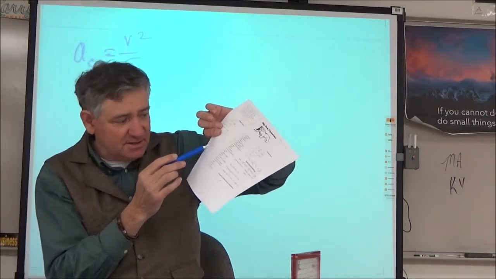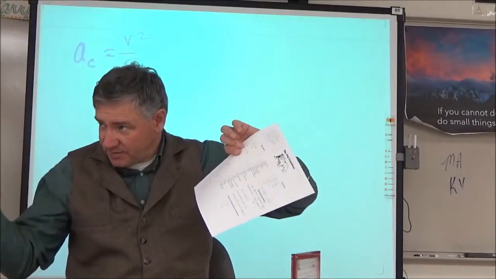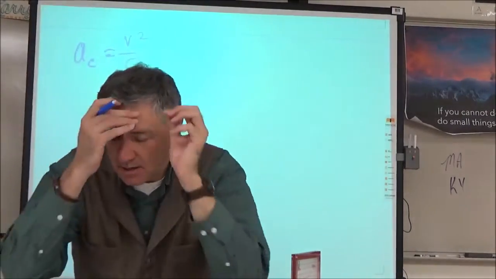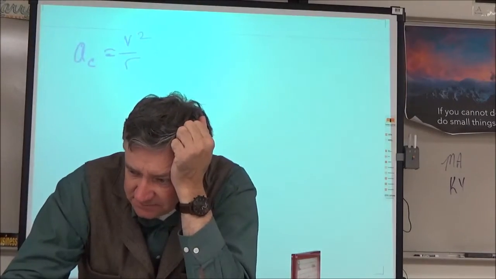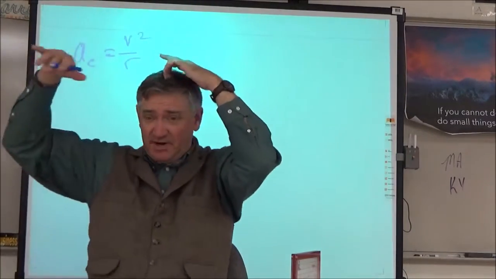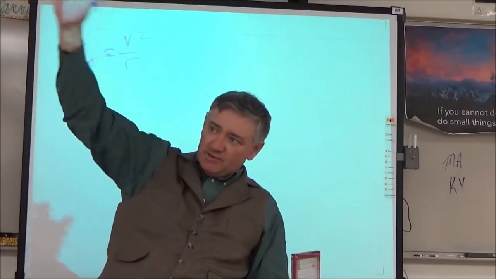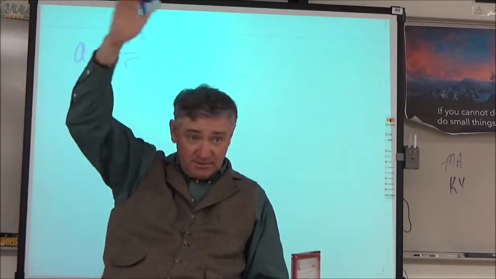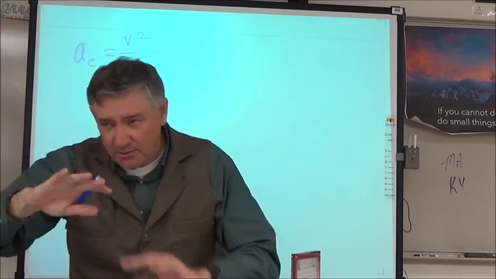So if you look at this, centripetal acceleration equals v squared over r. To derive this, you've got to do some calculus because it has to do with the rate of change in your velocity, in the direction of your velocity vector. We won't go through all that.